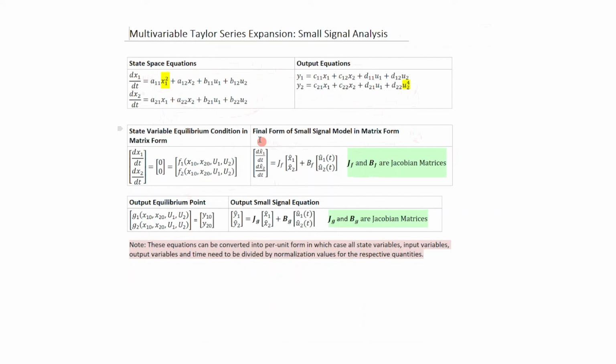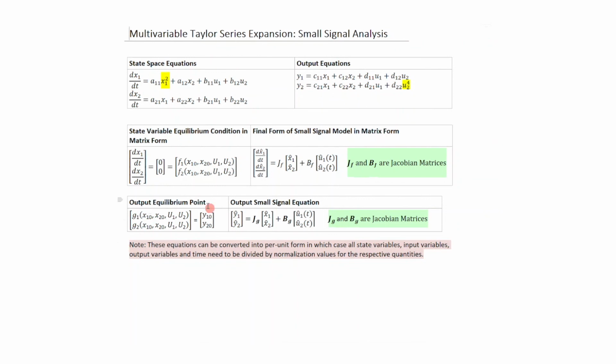We end up with the small signal perturbation, which we refer to as x1 hat for this state variable and x2 hat for the other state variable, being related to some matrix times the small perturbations x1 hat and x2 hat, plus another matrix and perturbations in the input variables u1 and u2. These matrices involve partial derivatives, and we call them Jacobian matrices: one involving the state variables and one involving the input variables.